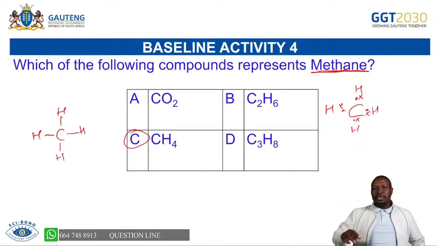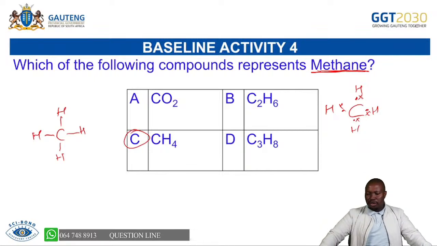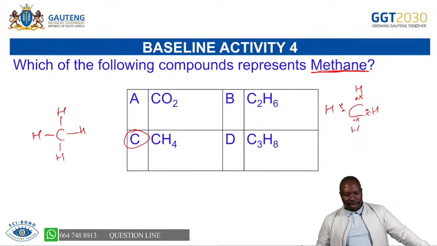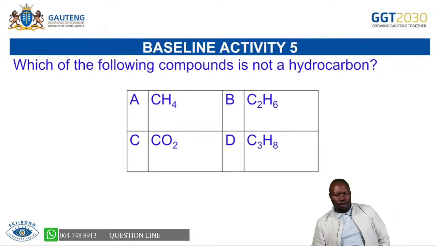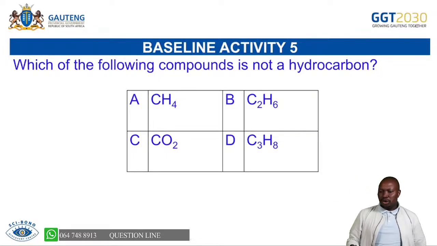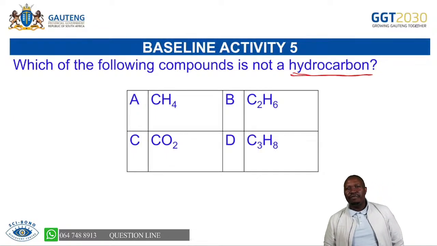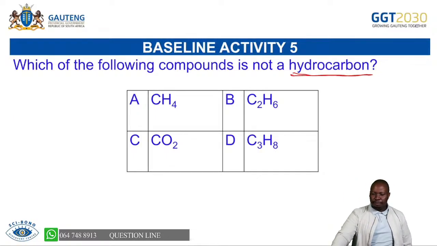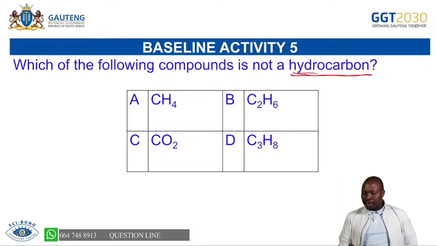So we're just increasing the level, but it's the same science that we're talking about. So this is what you have done already in grade 10 and grade 11. Which of the following compounds is not a hydrocarbon? You will have seen that this type of question, you haven't done hydrocarbons, but now when you look at that name, it says hydrocarbon.